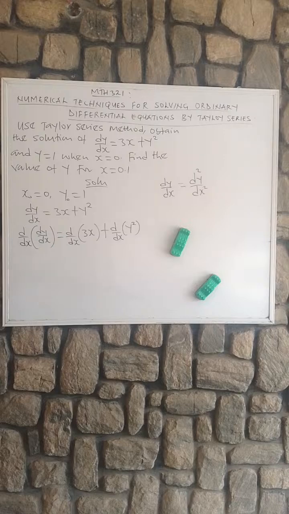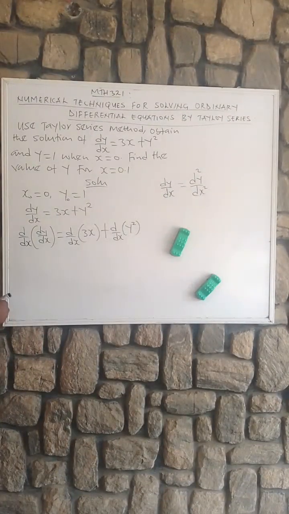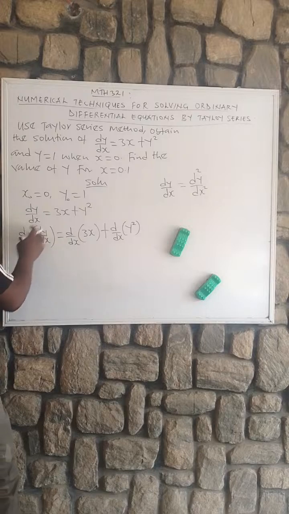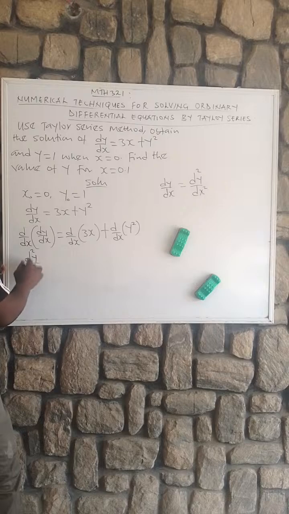So this implies that we should differentiate what is inside. Yeah, let's differentiate what is inside. If we differentiate this, it means we are going to have on the left hand side d squared y all over dx squared.